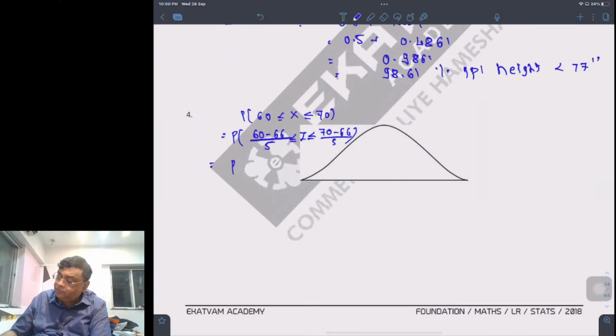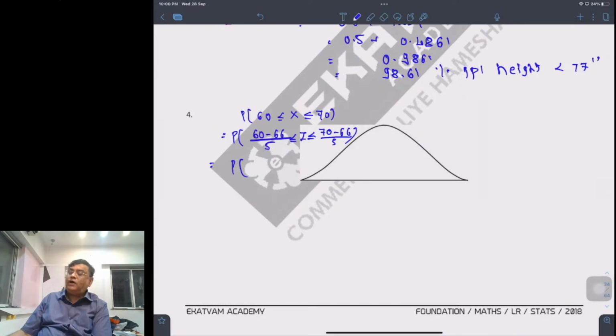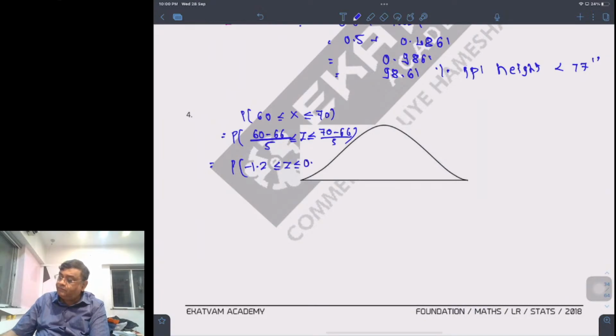So this is equal to the probability of, now minus 6 by 5 is minus 1.2, less than or equal to z, less than or equal to 0.8. Minus 1.2 is the value over here and 0.8 is the value over here.